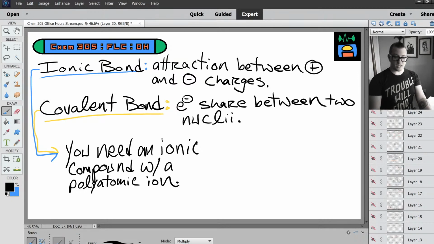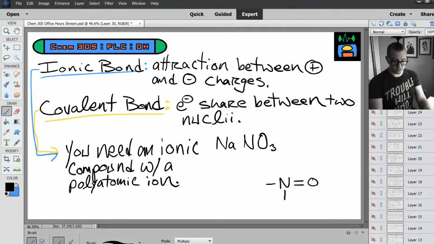All right? Because, for example, like sodium nitrate. If you look at the nitrate anion, whoa, anion, not cation. There we go. Let me get all my lone pairs in here.